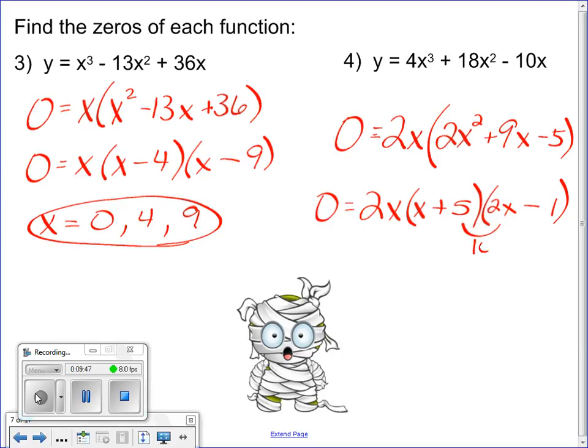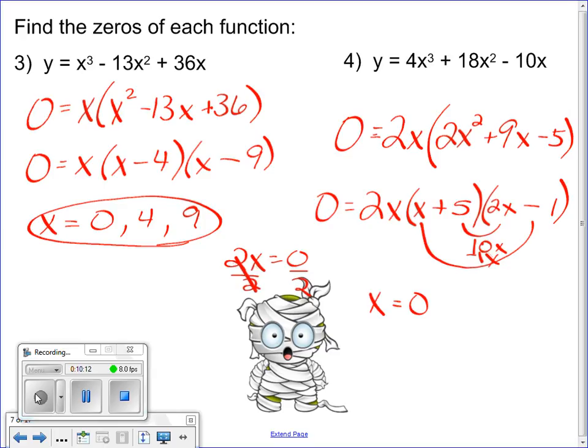So if I check that, we get 10x minus 1x. Did it work? Yeah, it worked. So x equals, what happens here? So what does x equal here? It's still 0, right? Because you would do 2x equals 0, divide by 2. 0 divided by anything is 0.